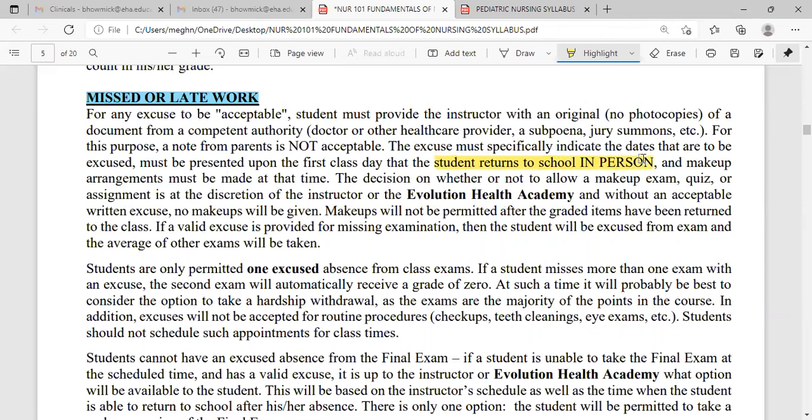Any kind of make-up arrangement must be made at that time, and the decision on whether or not to allow a makeup exam or assignment is at the discretion of the instructor or the evaluation health academy. Without an acceptable written excuse, no makeup will be given.